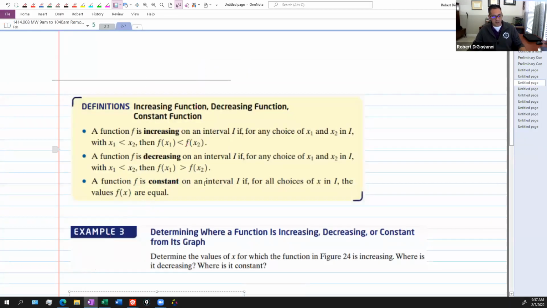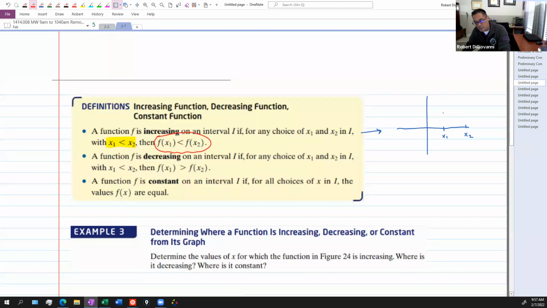The definition says, if you choose two points, x1 and x2, where x1 is to the left of x2, then in order to be increasing, the function's value at x1 has to be smaller than the value at x2.